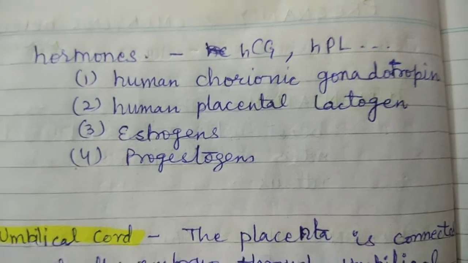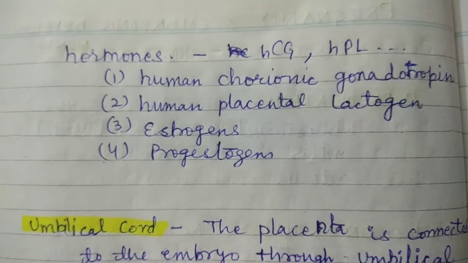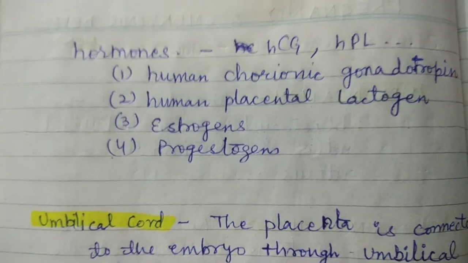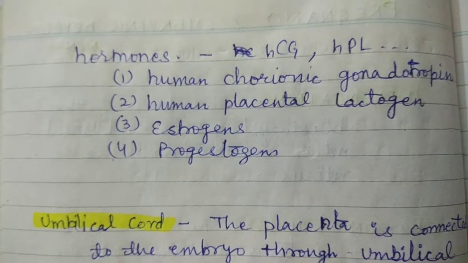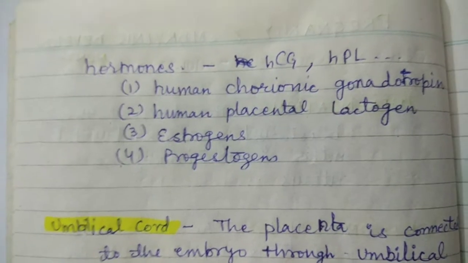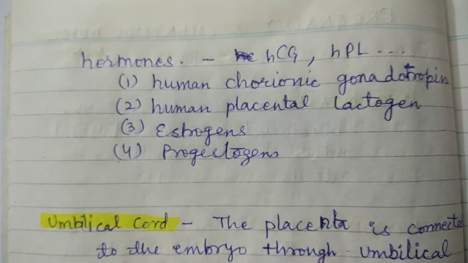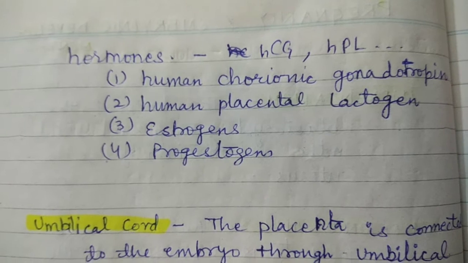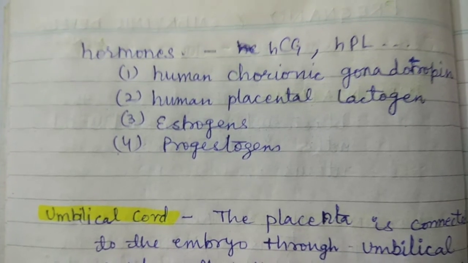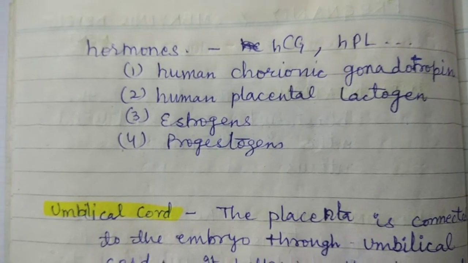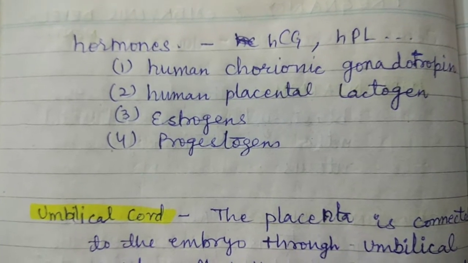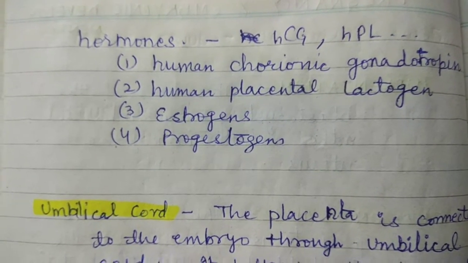HCG is important because it helps to maintain the corpus luteum. As you already know, corpus luteum secretes progesterone, which is important for maintaining the endometrium layer. Then HPL, human placental lactogen, helps in the growth, in metabolism of the mother's body, and also in the development of mammary glands.